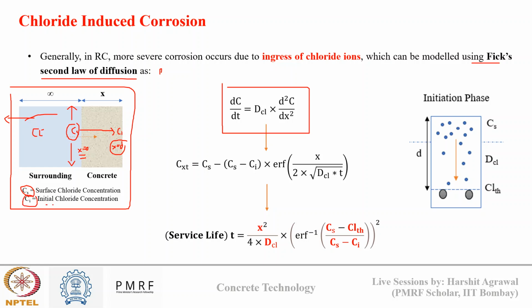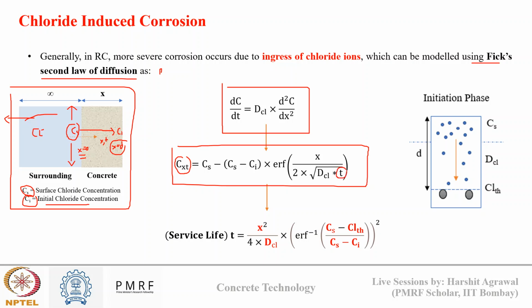Ci is whatever chloride is initially there in my concrete due to the presence of chloride in water, cement, or aggregate. When I apply these two boundary conditions and assume a semi-infinite homogeneous medium, this differential equation resolves into this equation, where C(x,t) defines chloride present at any depth x after any time t. It is equal to Cs minus Ci times the error function of x upon 2 times the square root of DCl into t.